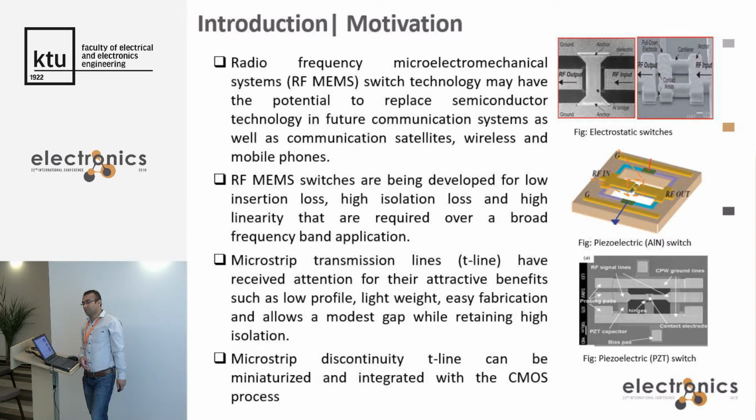The intention of integration with the microstrip transmission line rather than other transmission lines is because the microstrip transmission line is lightweight, easy to fabricate, and also has a modest gap where we can get high isolation. And the microstrip transmission line can also be easily integrated with the CMOS process.